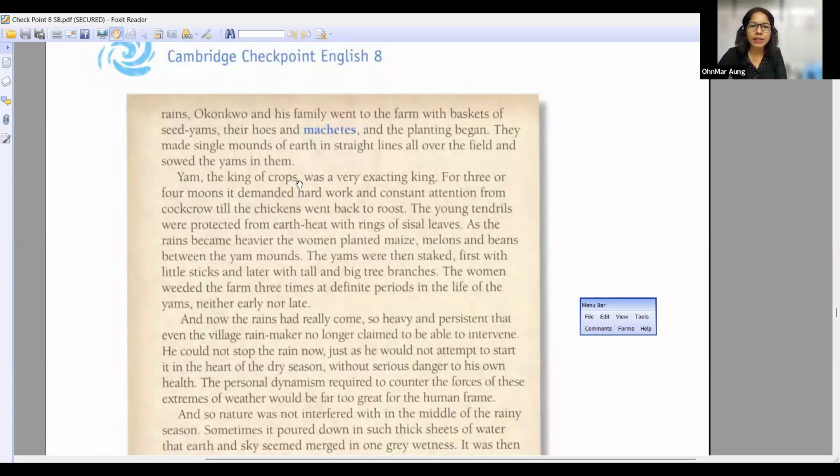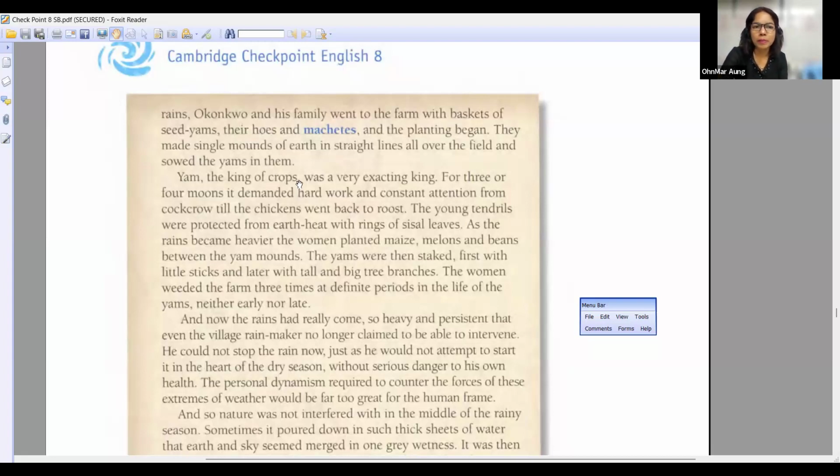At the beginning of the plantation, they had to work hard and pay great attention. The young tendrils were protected from earth heat with rings of sisal leaves. As the rains became heavier, the women planted maize.